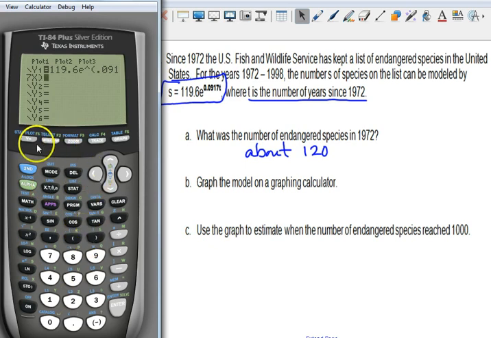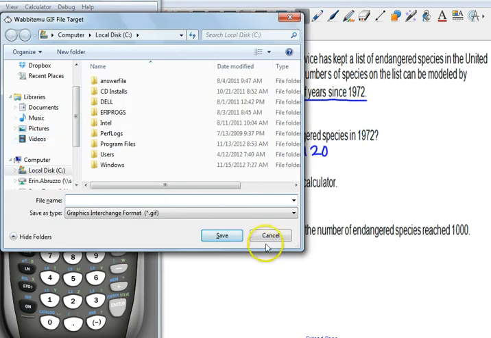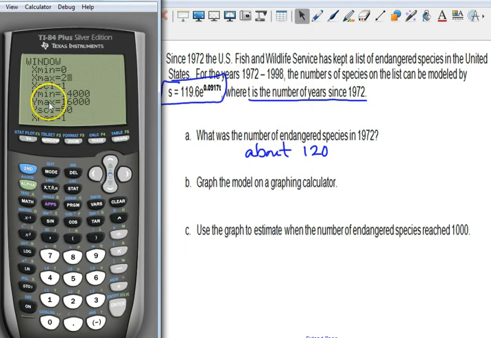Now, our window, remember, was set up for the last problem. I'm going to keep it as 0 to 10 just for now. Actually, I kind of remember this problem. Let's change it to say 0 to, oh geez, 0 to 30. And I still might be wrong. I don't quite remember what we have to go out to. But I know my y's are supposed to figure out where they reach 1,000, so I'm going to go a little below it and a little above it.